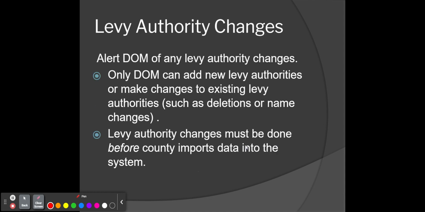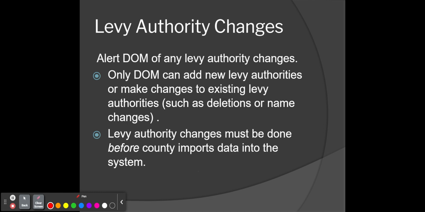So let's talk about levy authority changes first. As I mentioned earlier, levy authority changes are not something that you as a county auditor can do yourself. Only DOM can add new levy authorities or make changes to existing levy authorities, such as deleting a levy authority.